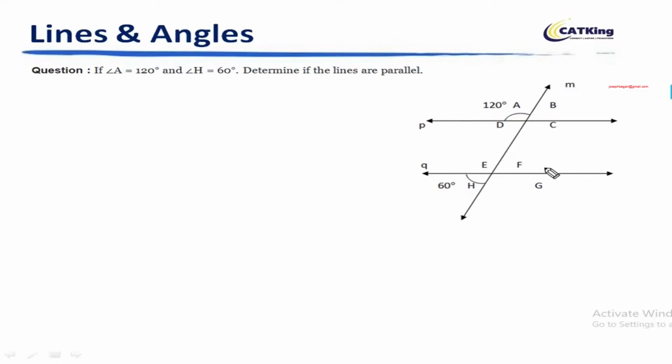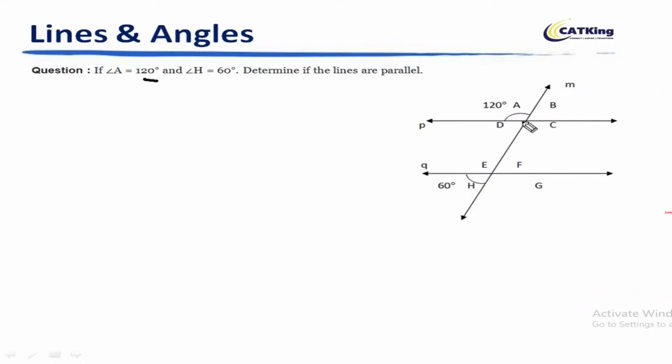If two lines are parallel, those properties must be followed, and if any two lines with a transversal follow those properties, we can say that these two lines are parallel. So here we are going to see whether those properties are true or not in this case. So angle A is 120.